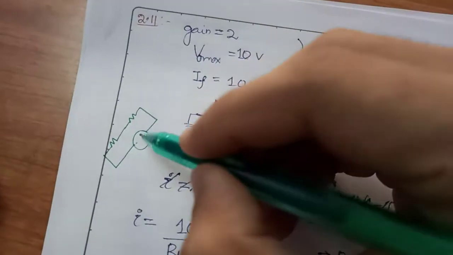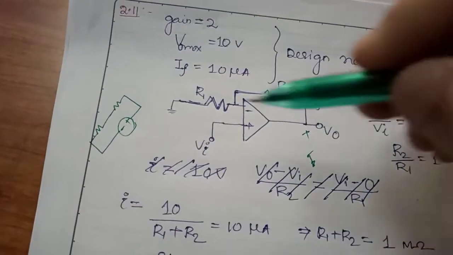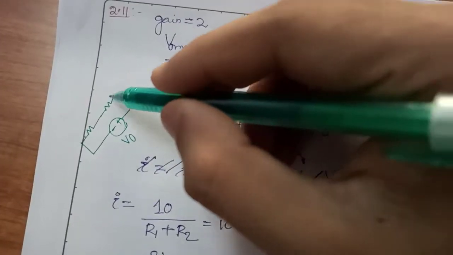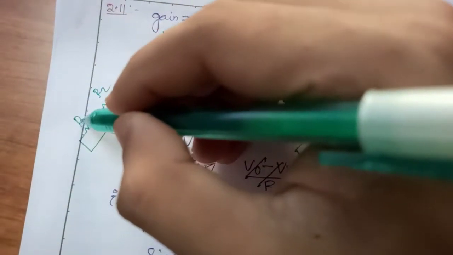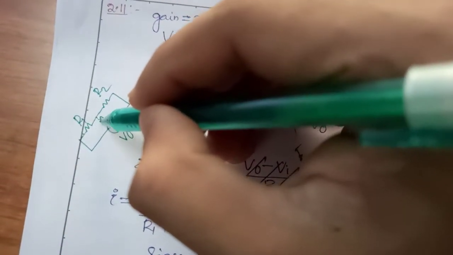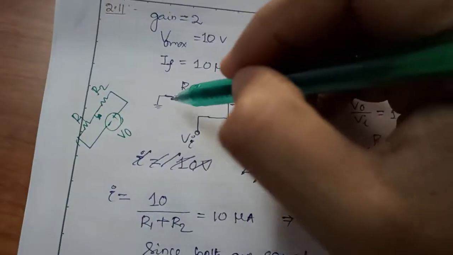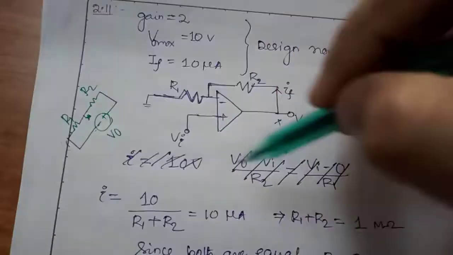This is the V output, and from positive R2 is connected, and from R2 R1 is connected, because even though another path is there, it will not draw any current, so it is the only path, and from R1 it is connected to the ground, means to negative potential.